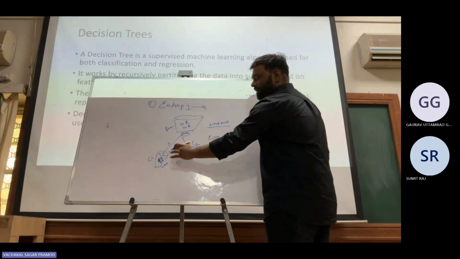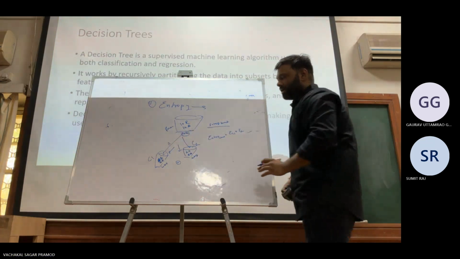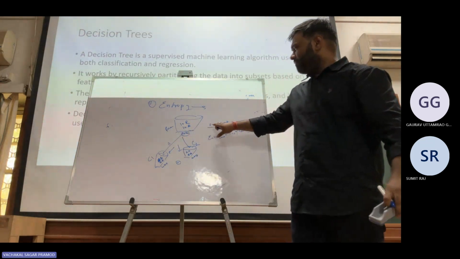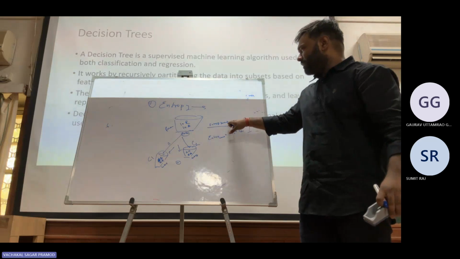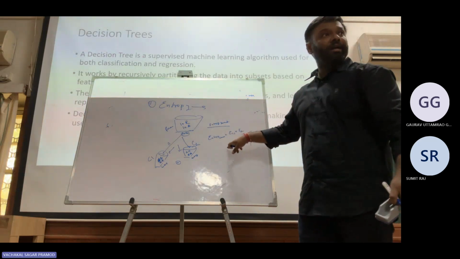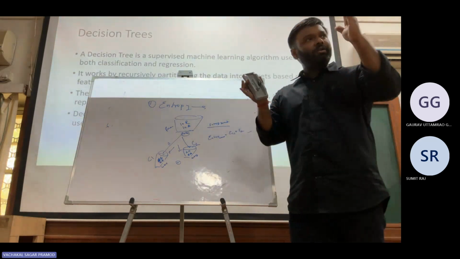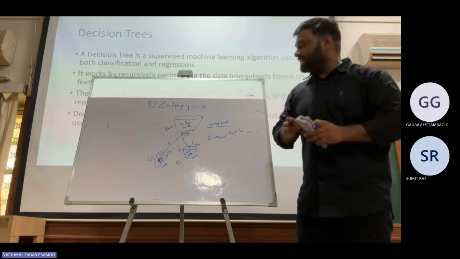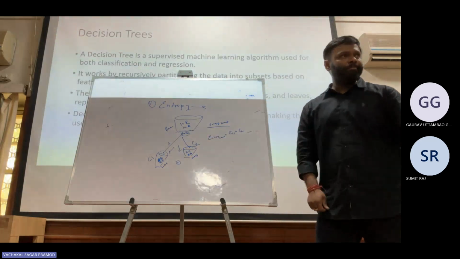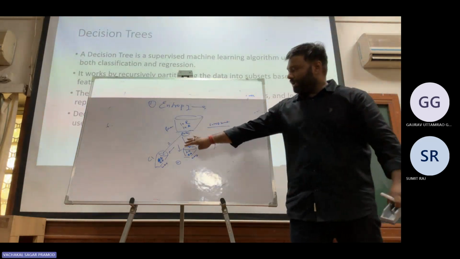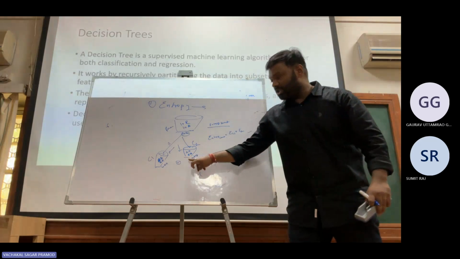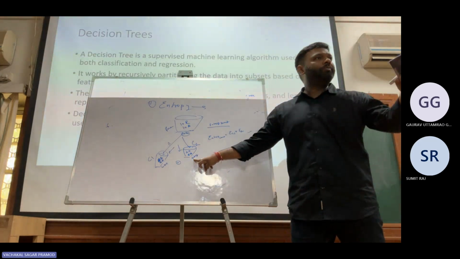Now, just looking at the entropy, what do you think if I subtract entropy parent minus entropy child, whether it has to be higher or lower, if these are pure or impure classes? If I am able to make these classes pure, the child entropy would be lesser.